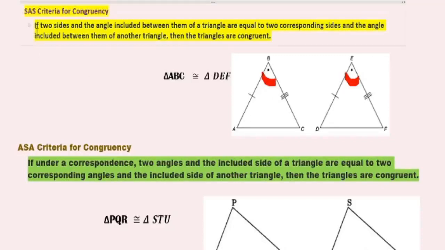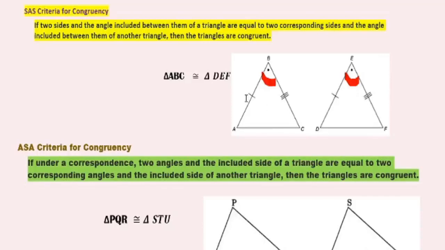So in the SAS criteria we can take any two sides and the corresponding included angle. I repeat, if two sides and the angle included between them of a triangle are equal to two corresponding sides and the angle included between them of another triangle, then the triangles are congruent. Here AB equal to DE and BC equal to EF, and angle ABC equal to angle DEF.